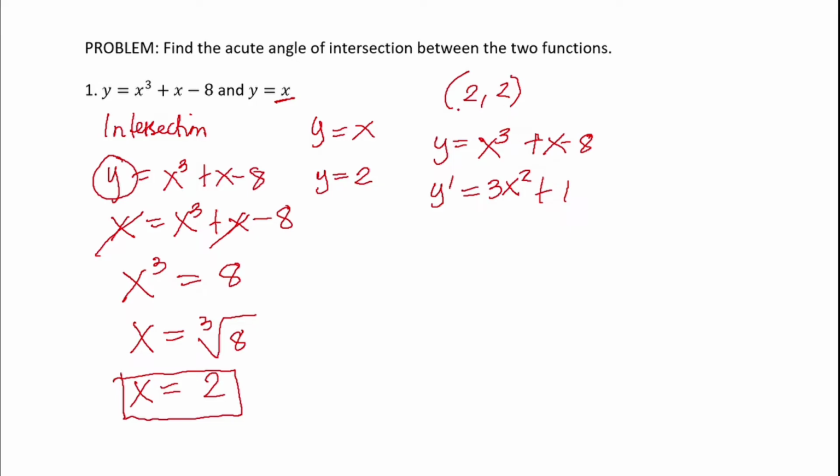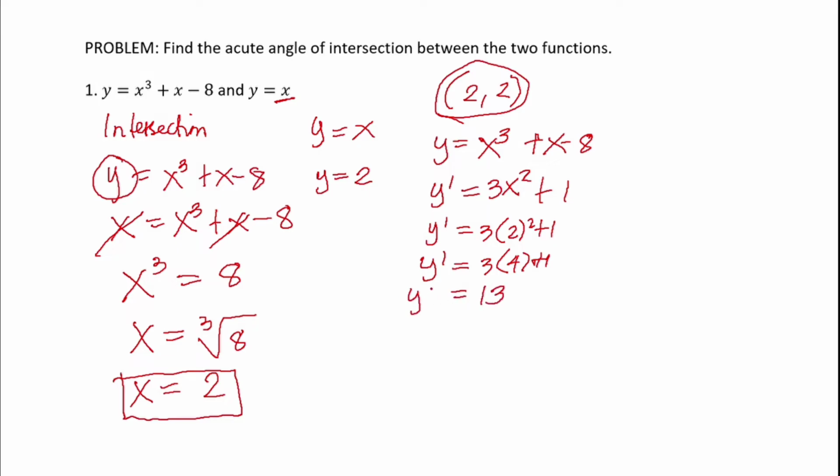Since the point is (2, 2), we substitute: y prime is equal to 3 times 2 squared plus 1. So y prime is equal to 3 times 4 plus 1, that is 12 plus 1, that is 13. So the first slope is equal to 13.